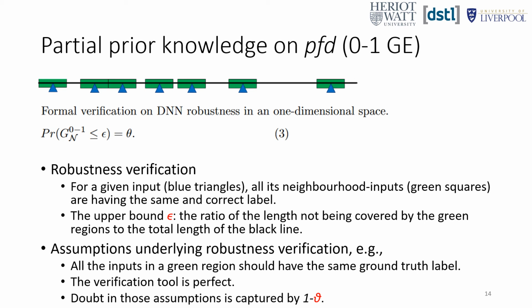Of course, there are some underlying assumptions for those robustness verification results. Like we need to assume all the inputs inside a green region actually share the same ground truth label, which is questionable, of course. And second, we might need to assume the verification tool itself is perfect, which may not hold. So we need to capture the confidence in these underlying assumptions by this parameter theta.